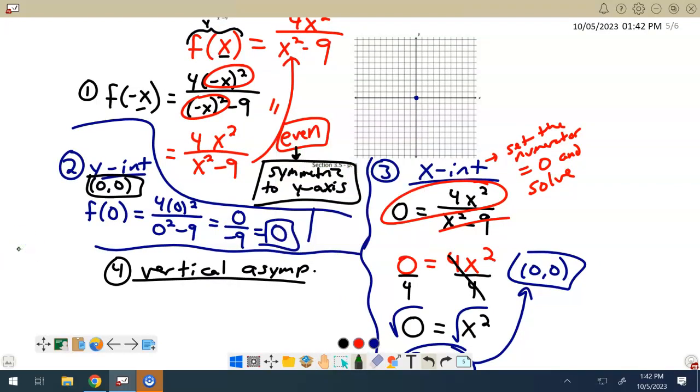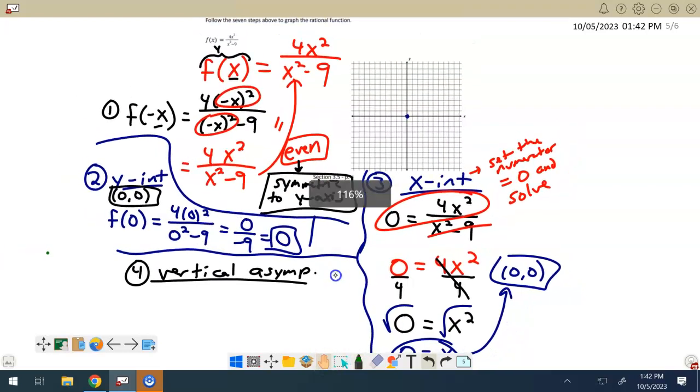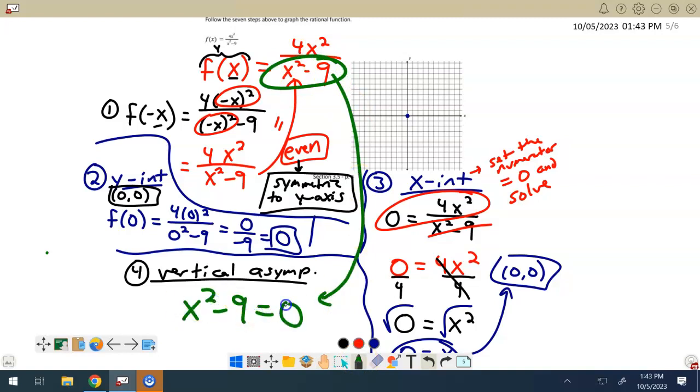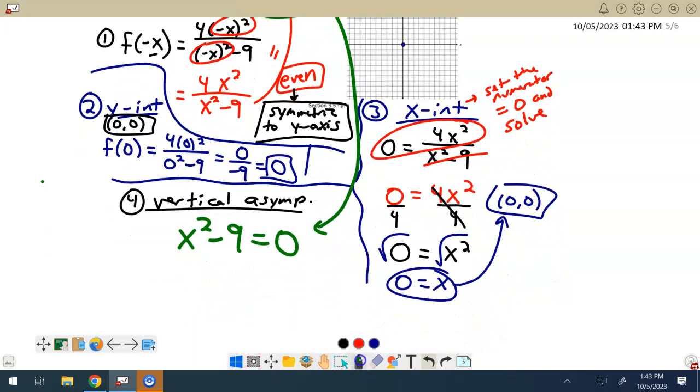We're going to take the denominator and set that equal to 0. So we're going to have x squared minus 9 equals 0. That's how you find your vertical asymptotes. And in this case, we're going to have 2. Okay. So I'll solve this by factoring, because again, that's the way I like to solve these.